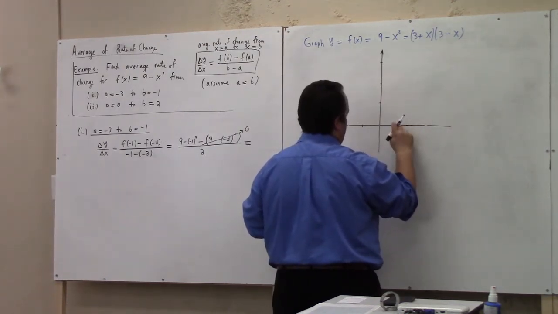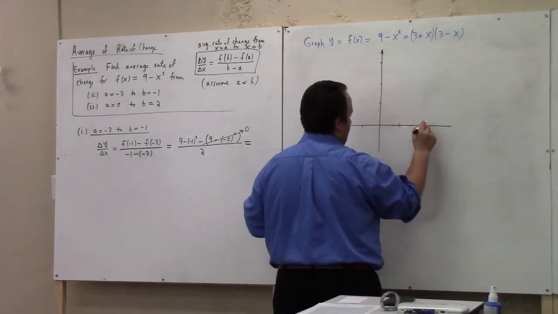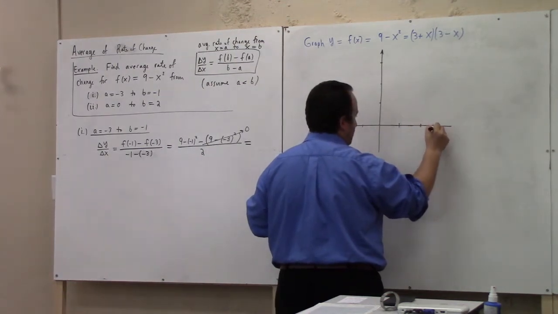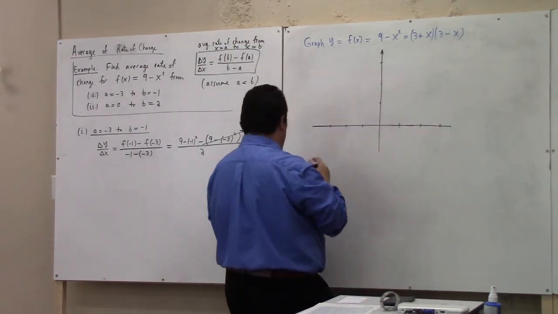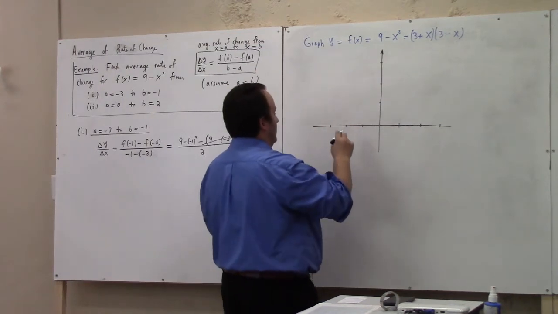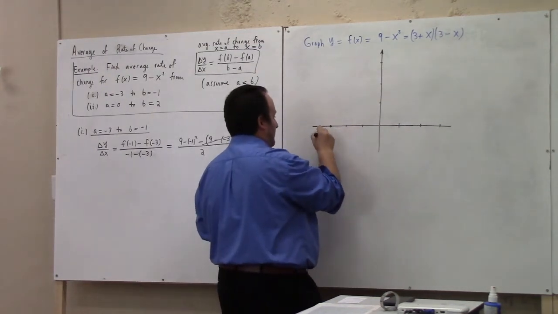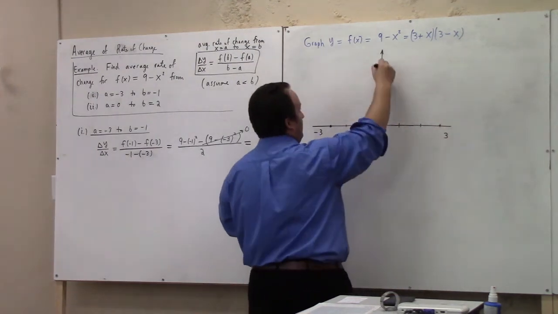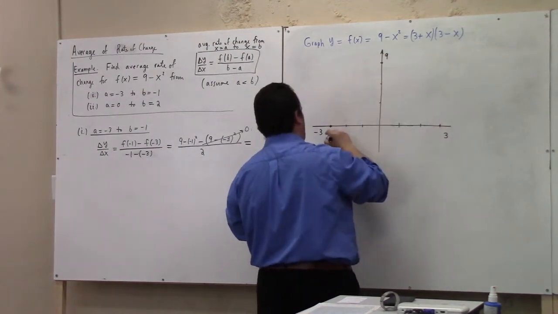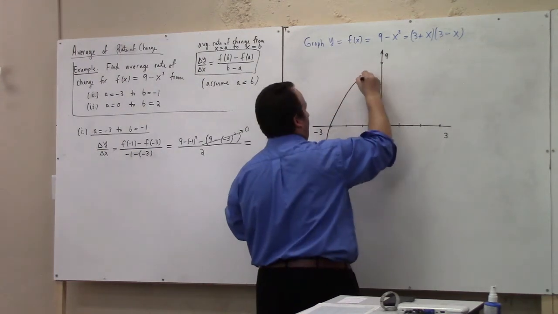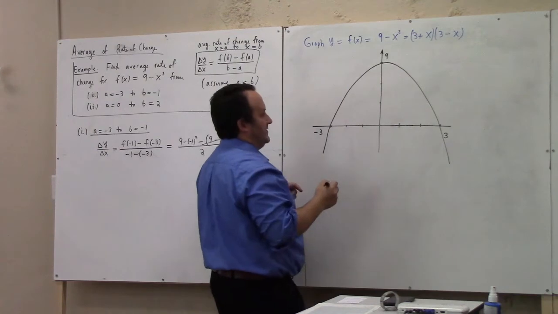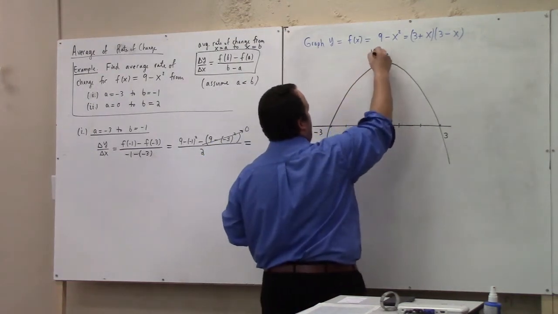Well, sometimes it's just better to not work with the same scale on the horizontal and the vertical. It's probably the case here. So if this is minus 3, and this is 3, and this is 9 up here, something like that, right? It's a parabola which opens down.